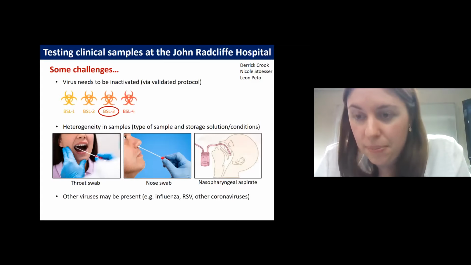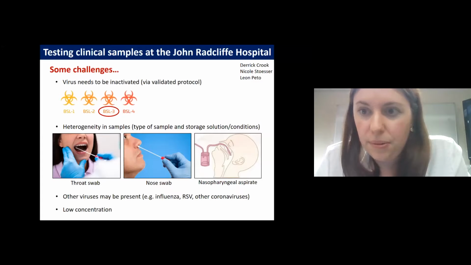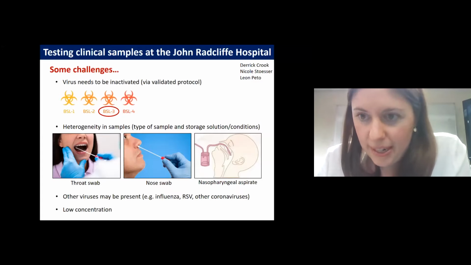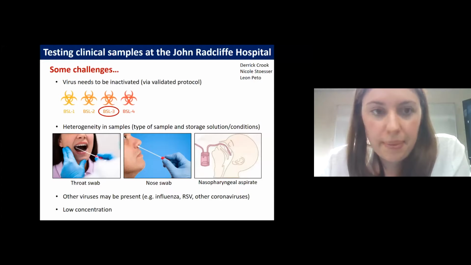Also, because they're clinical patient samples, other viruses might be present in there. Some examples are flu, RSV, and other low pathogenic coronaviruses that cause the common cold. And the clinical samples also have a much lower concentration of virus particles in them than our normal laboratory grown strains that we're used to working with.